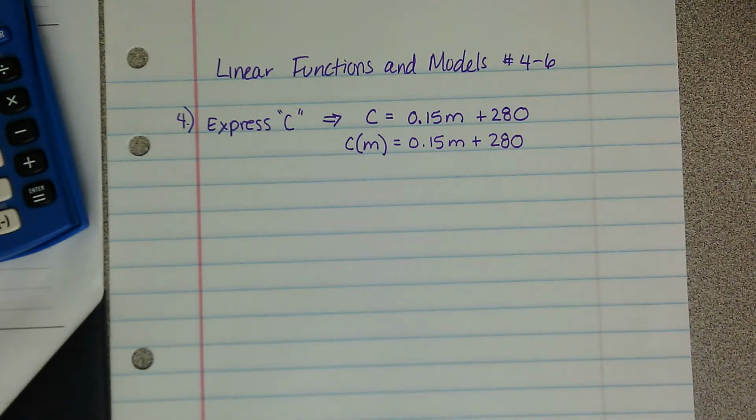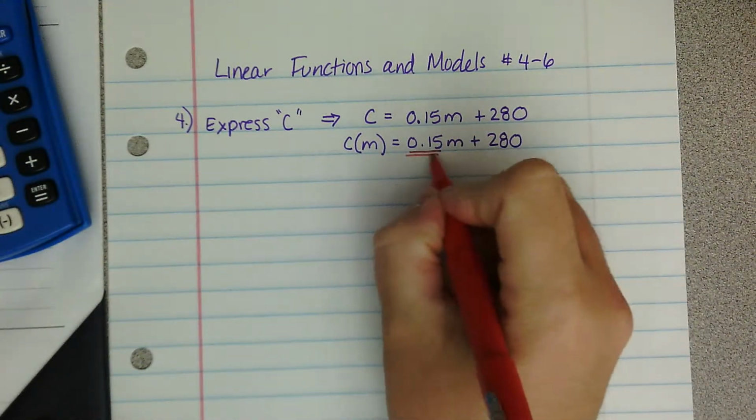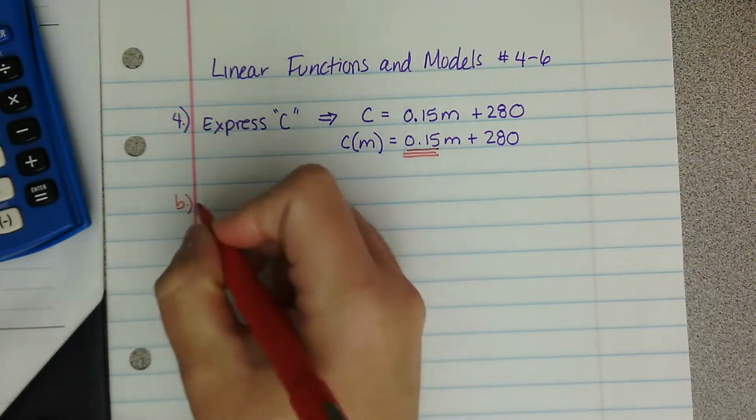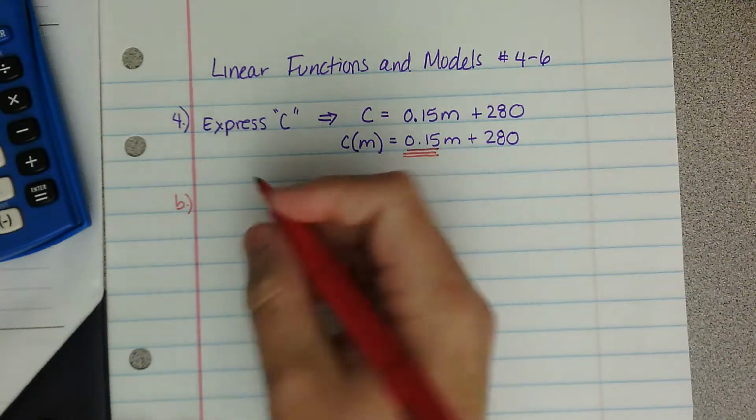For part B, it says what is the slope of the graph of the cost functions, and what does the slope represent in the context of the problem. So the slope obviously is the 0.15, and the reason why that's the slope is because they're doing it as a function of miles, and it's 15 cents per mile.